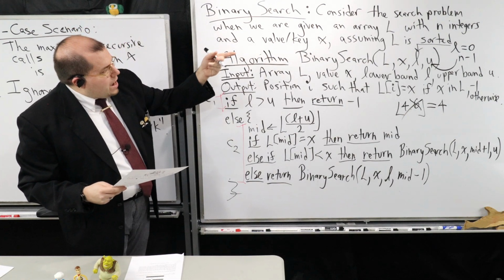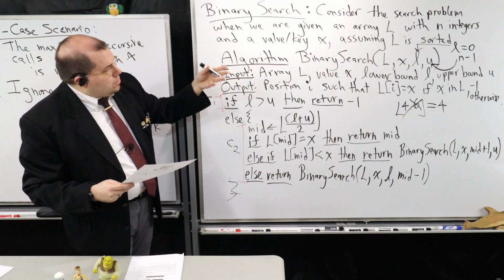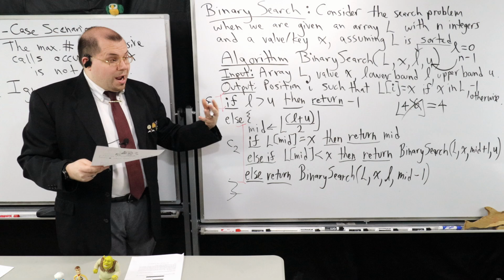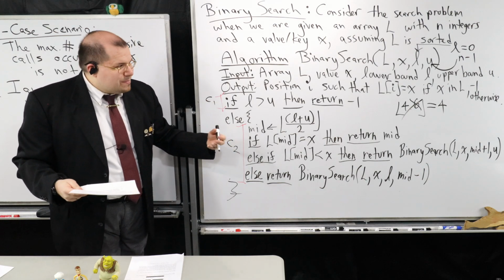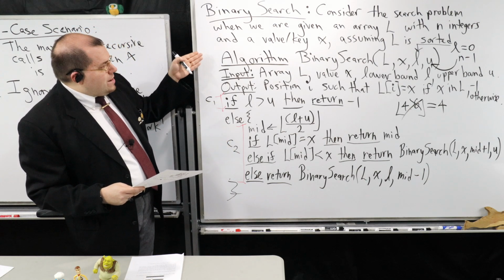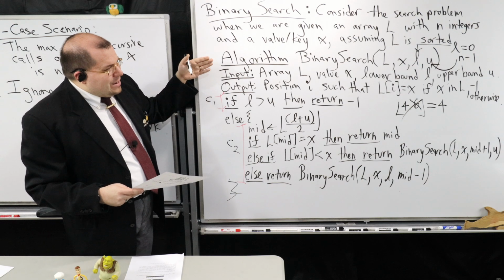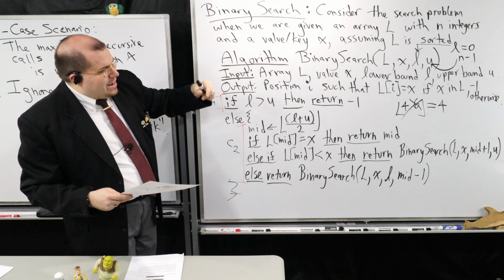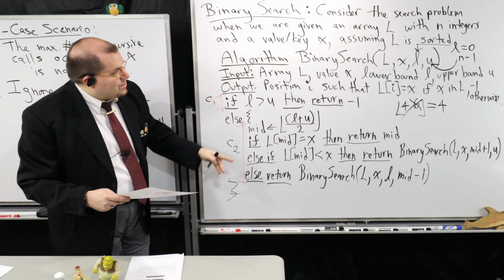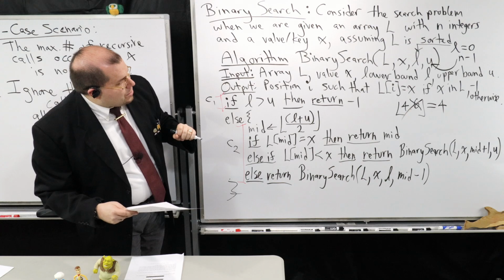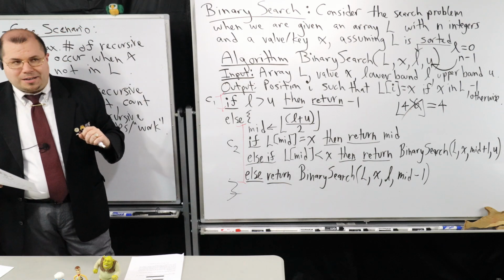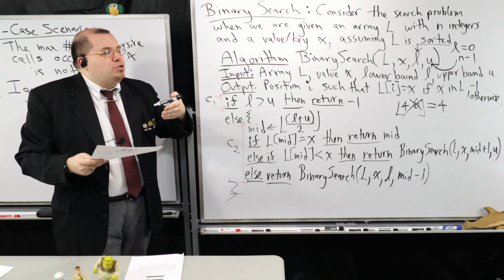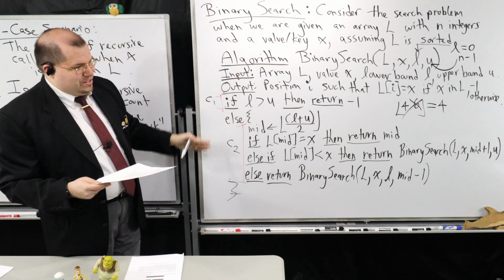So you might ask, Dan, how exactly do you make it look like the array L with a key X? You could create something called a driver method or a driver function. What you do is you just simply write the exact same algorithm. So you write algorithm binary search, you have L and X, and then you make a call to this, where L and U are set to 0 and n minus 1, respectively. That's why we call it a driver method. It's like bootstrapping or starting up the recursive algorithm.